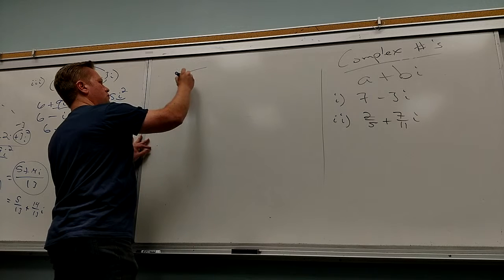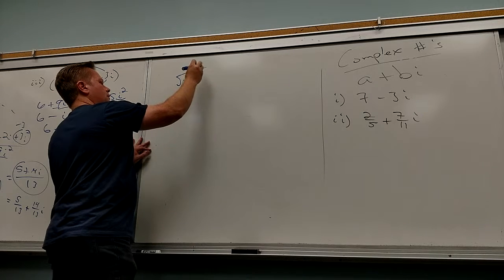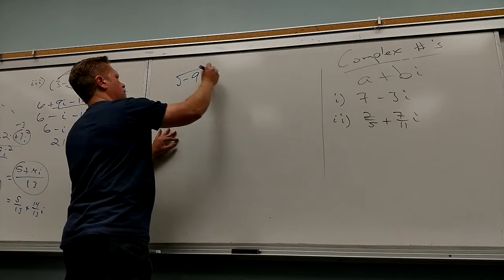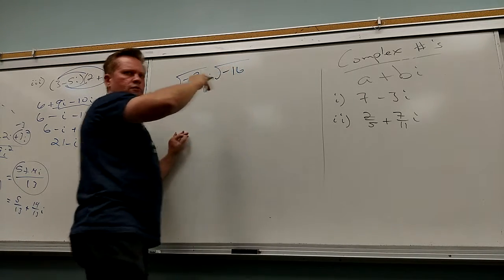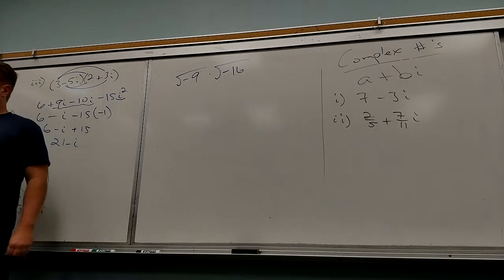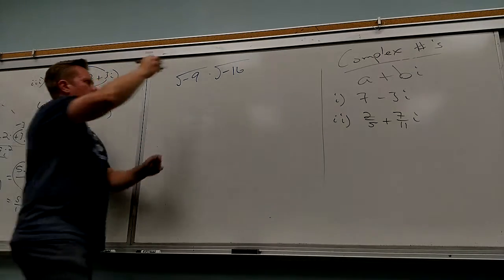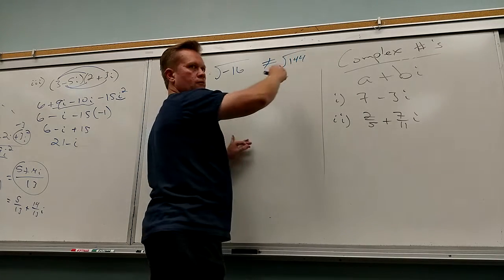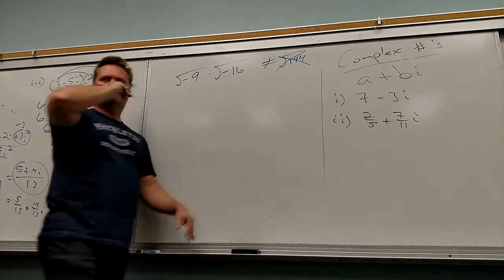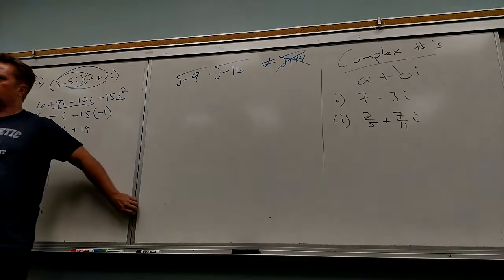If I say, what's the square root of negative 9 times the square root of negative 16? This is not equal to the square root of 144. That is not true, because you're not doing the right order of operations.